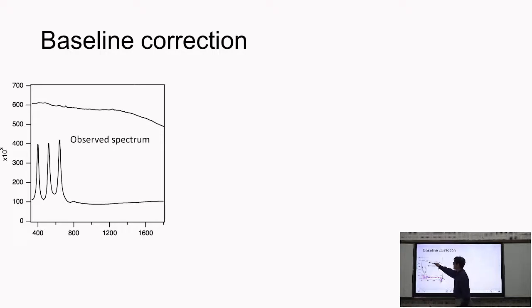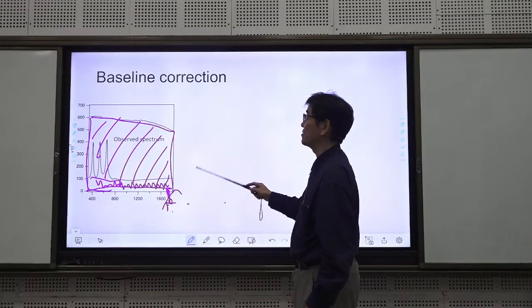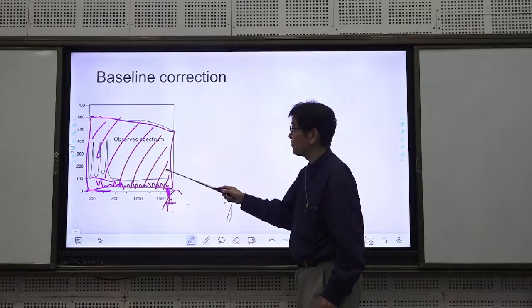And about this result, the baseline is zero. So I guess fluorescence might be generated together with the Raman measurement.